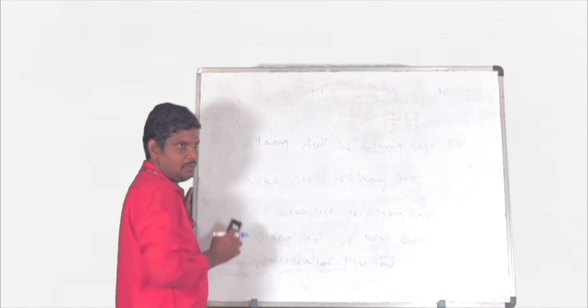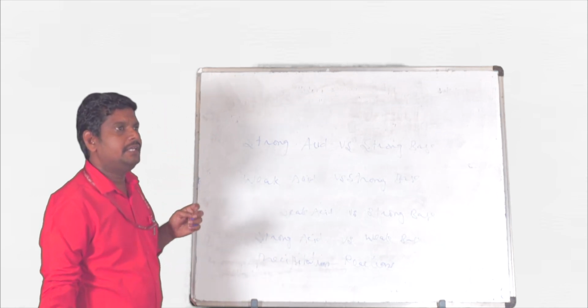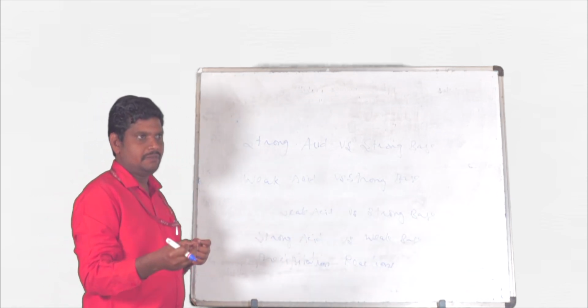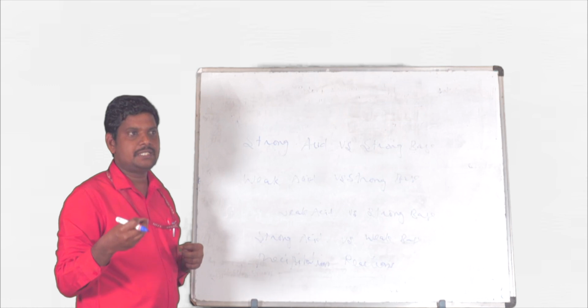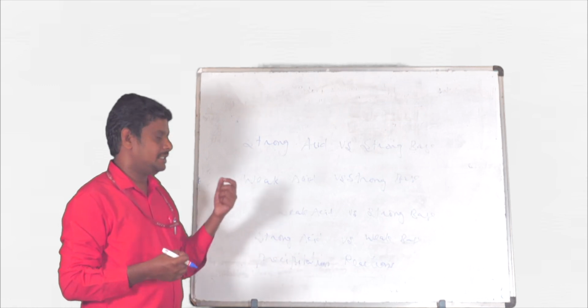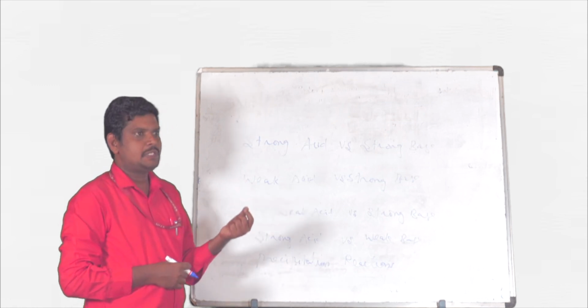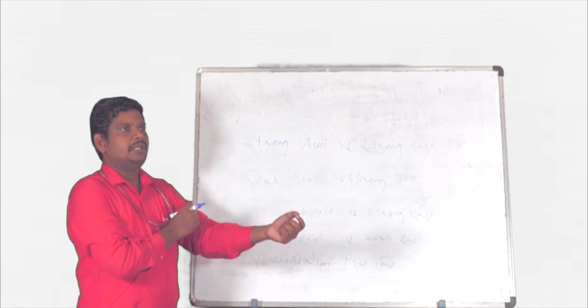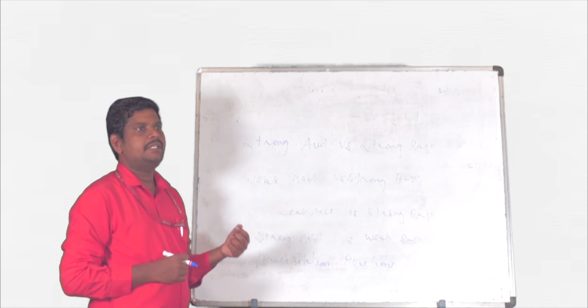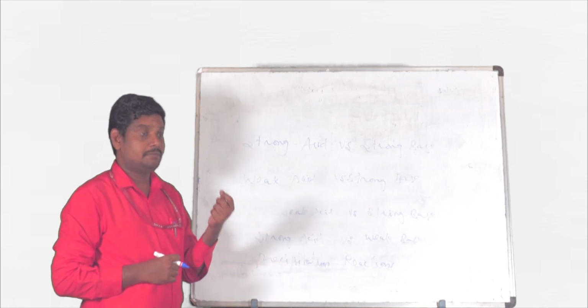An acid is a substance that, when placed in a solvent, releases H plus ions; that is inferred as an acid according to Arrhenius theory. Any substance that releases OH minus ions when placed in the solvent is inferred as a base.